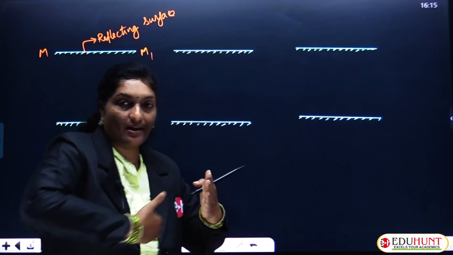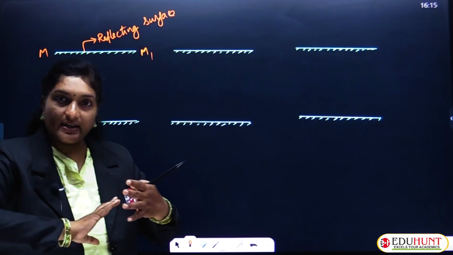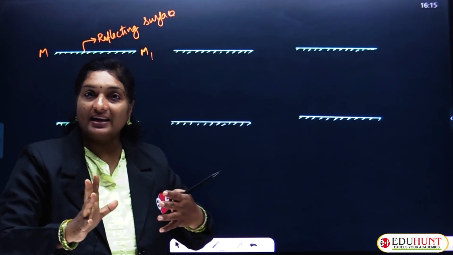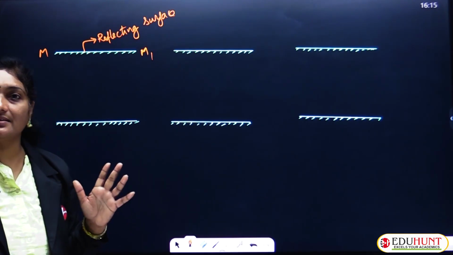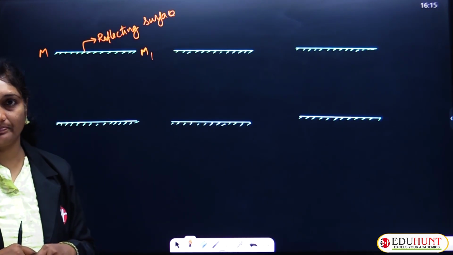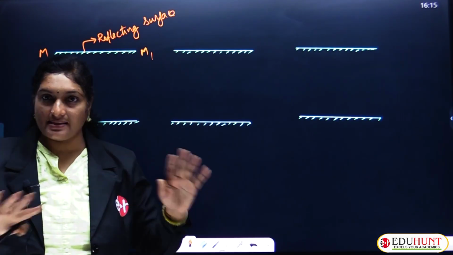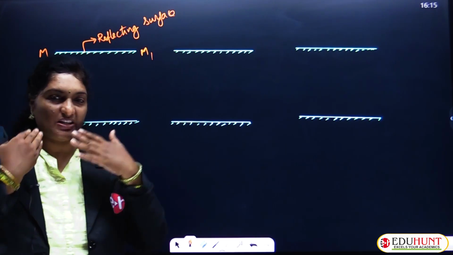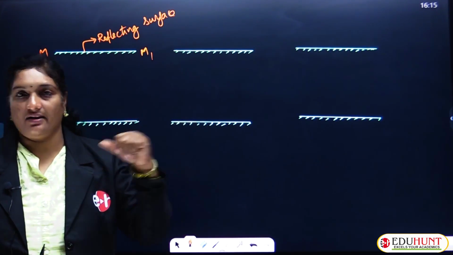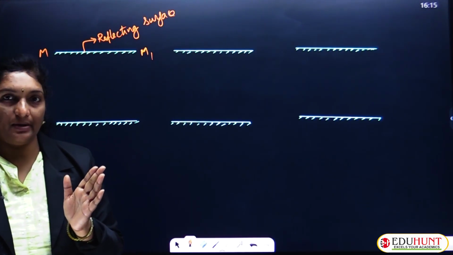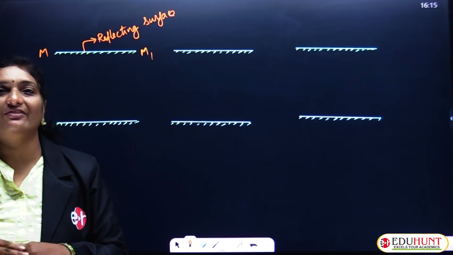The other side of the mirror, which is coated, simply called silver lining, will not reflect the light falling on it. Only the plain side, in which we are able to look at our faces, is called the reflecting surface. The back portion coated with silver will not reflect any light falling on it.